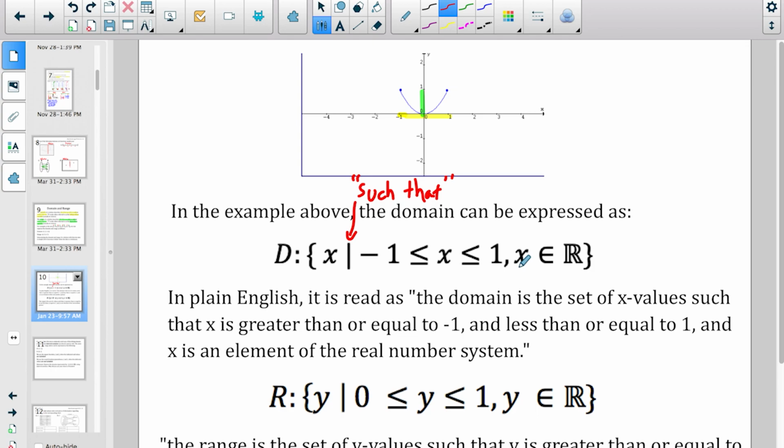Now the last part here does give students some troubles. Why do we need to express that x is an element of the real number system? Well, there's a couple reasons for that. We're not only looking at whole numbers such as -1, or rather, we're not looking at integers such as -1, 0, and 1.